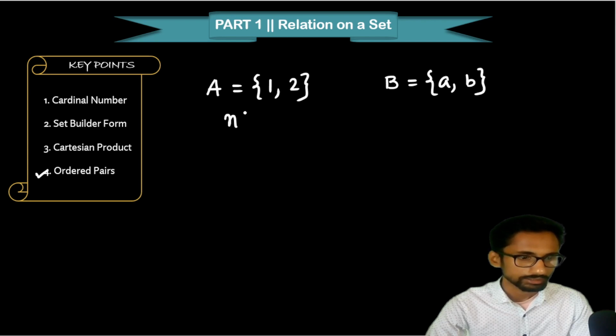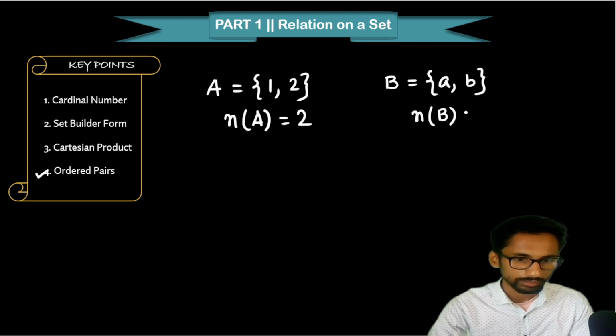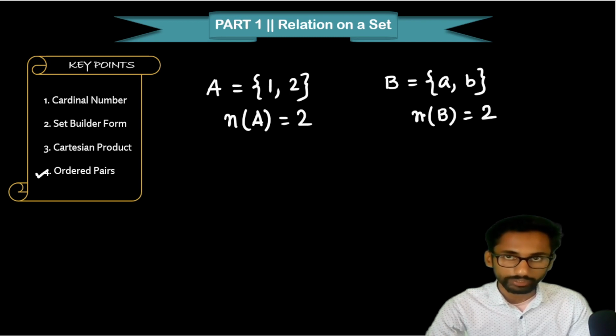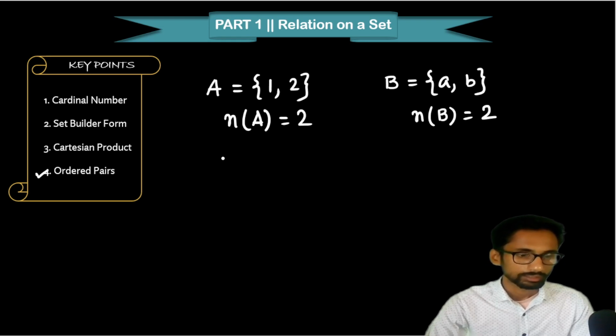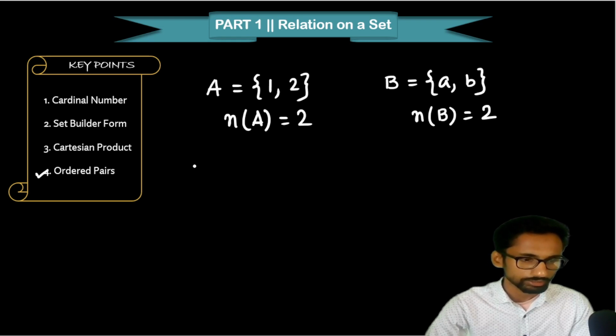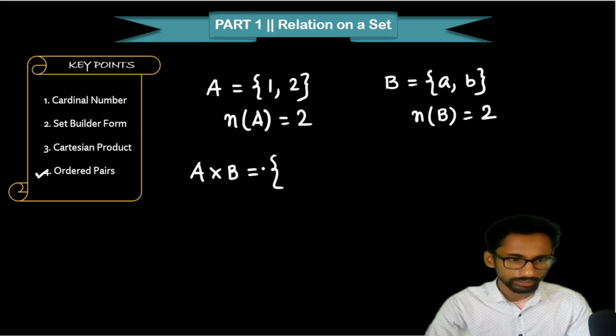So in this case, the cardinal number of set A is 2, and that for set B is also 2. Now to multiply these 2 sets, we need to follow the Cartesian product rule. What does it say?